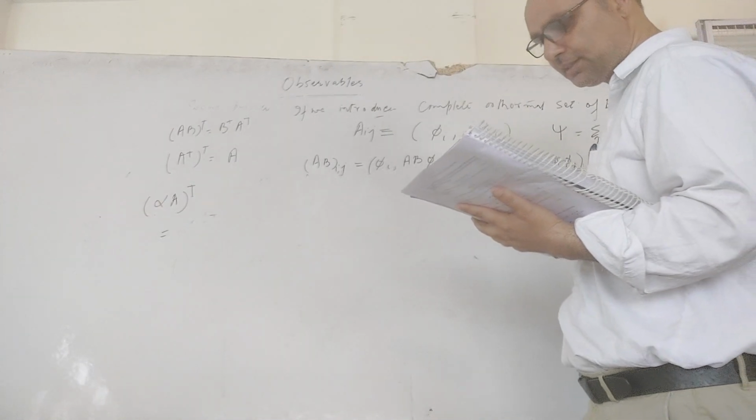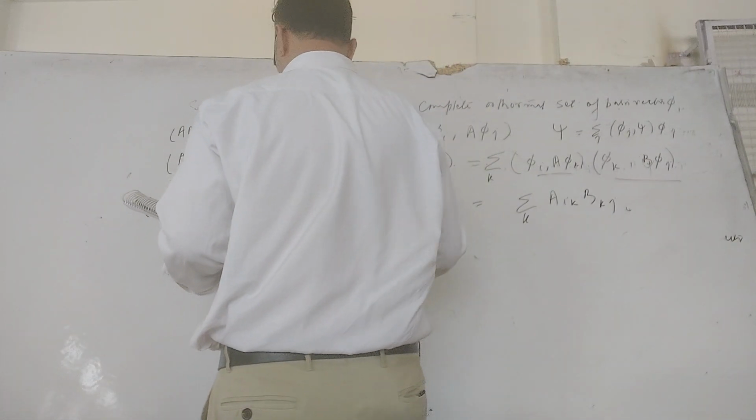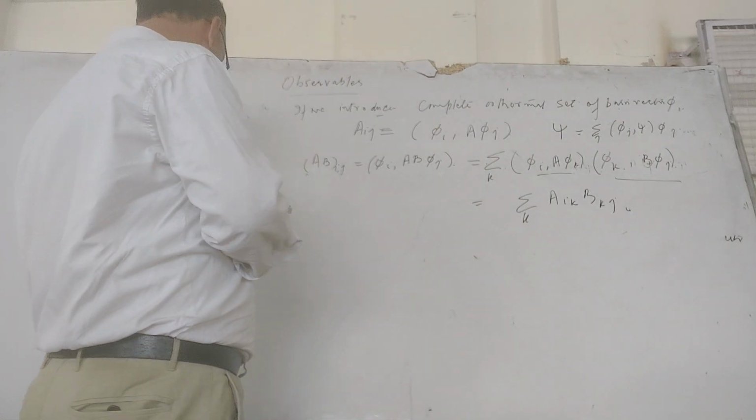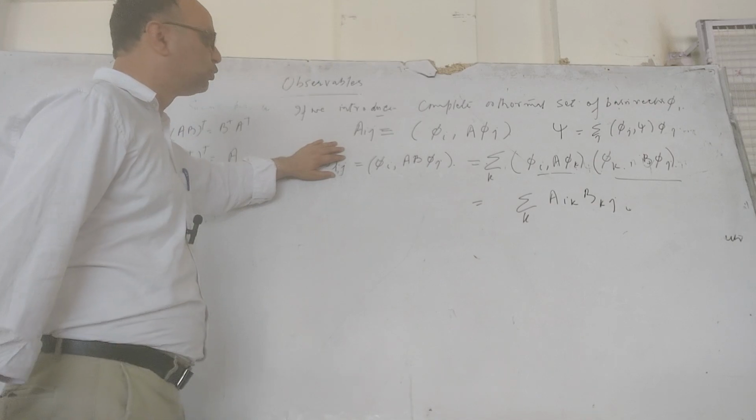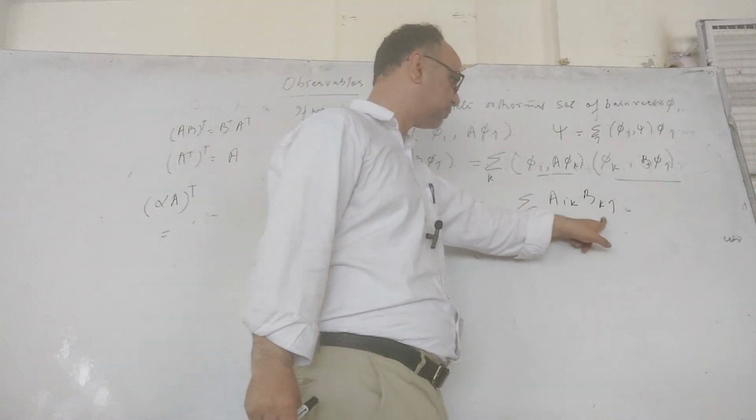So this is the way we can write the operator product of two matrices in terms of components.